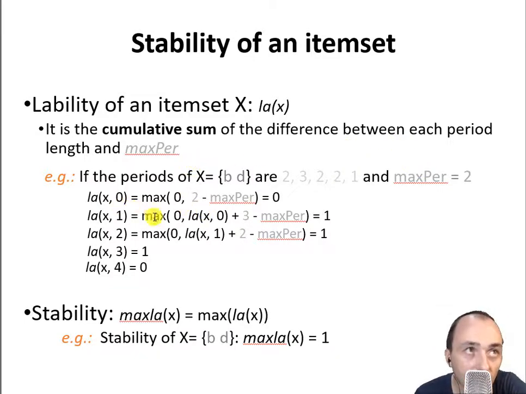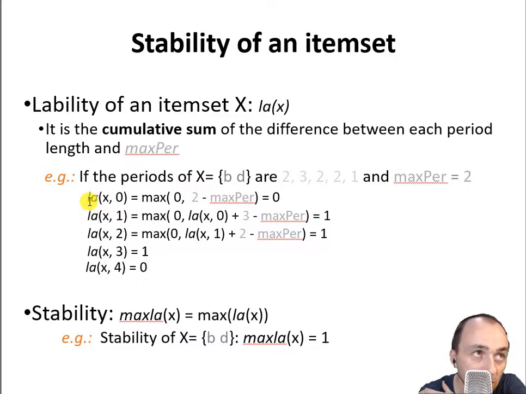Okay, so here I show you an example with B and D together. We have the periods we calculated before: 2, 3, 2, 2, 1. And we say the maximum is 2, for example. Here I will not show the formula exactly, with all the details about the calculation, but I will just explain with an example.